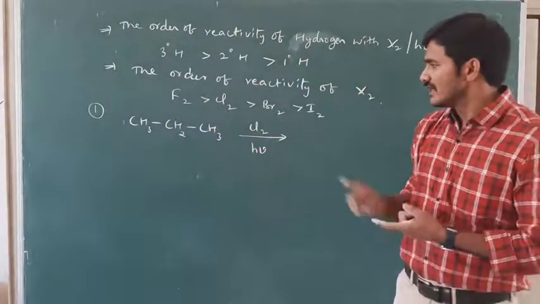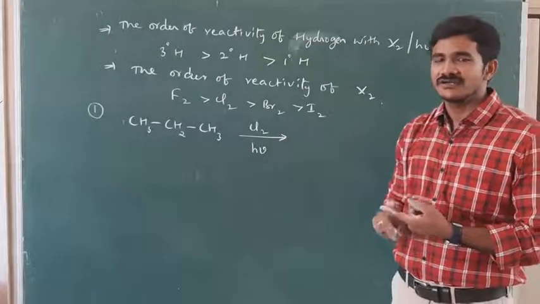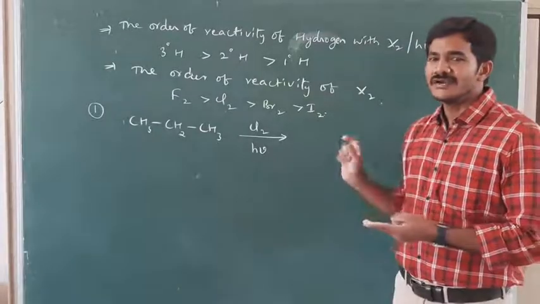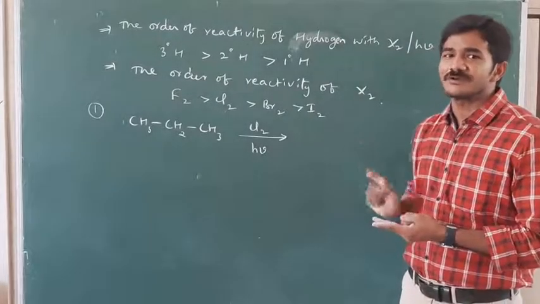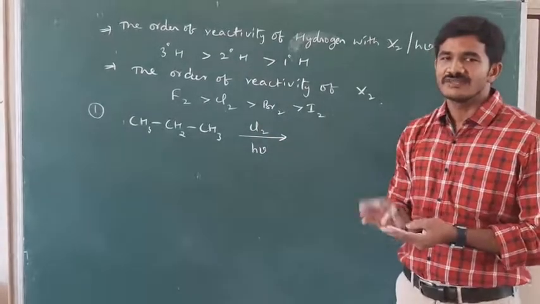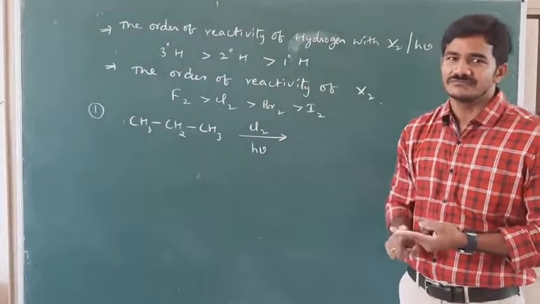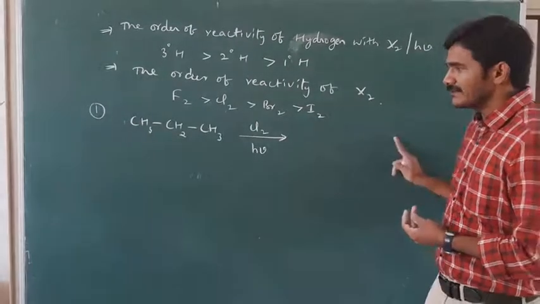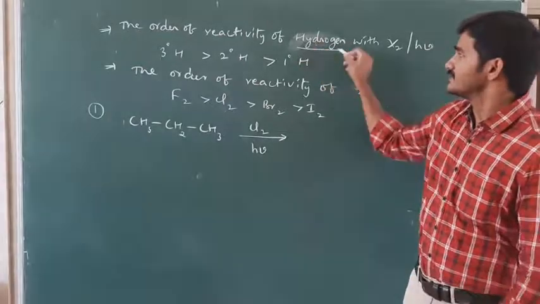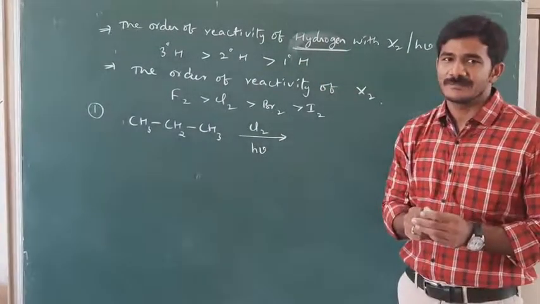One is, how many products do we get here? Second one is, what is the selective product, meaning the major product, where the halogen selectively reacts? So how many products are formed, and which is the major? To write the number of products from this molecule, we have to see the non-equivalent hydrogens.